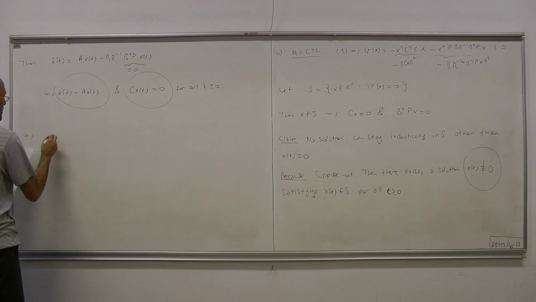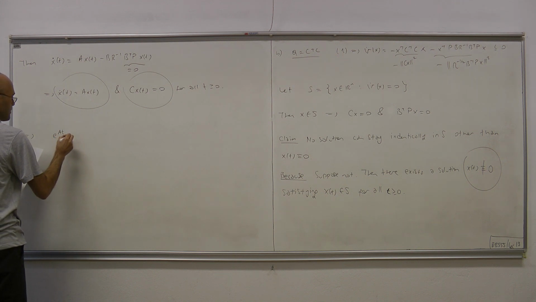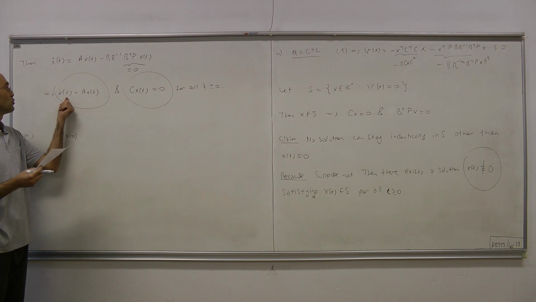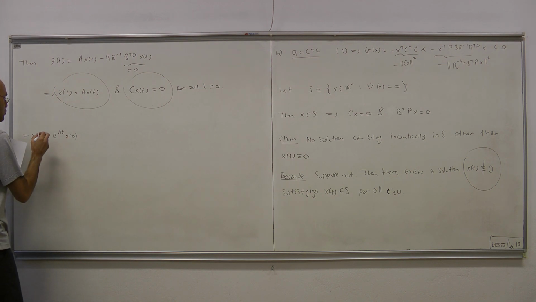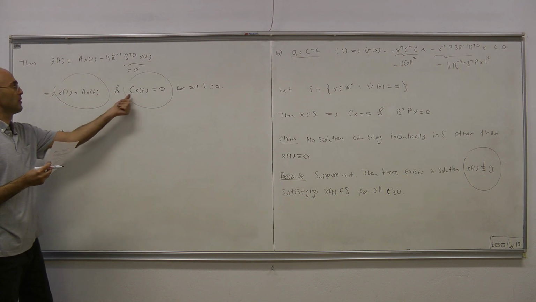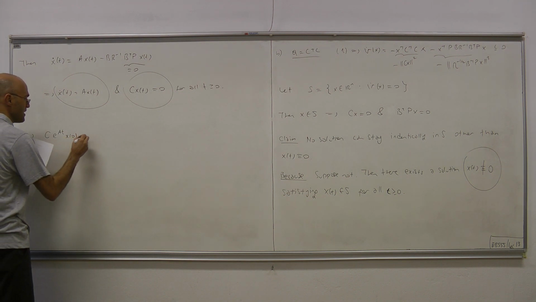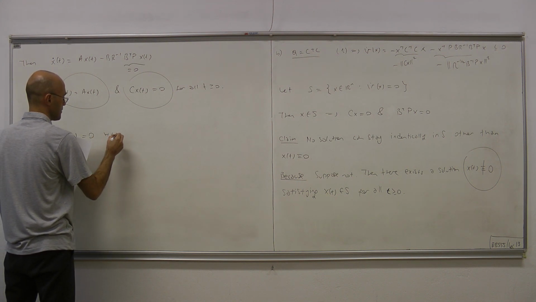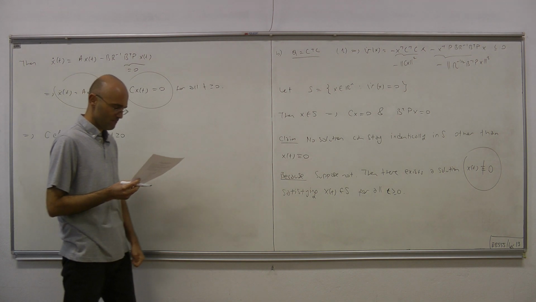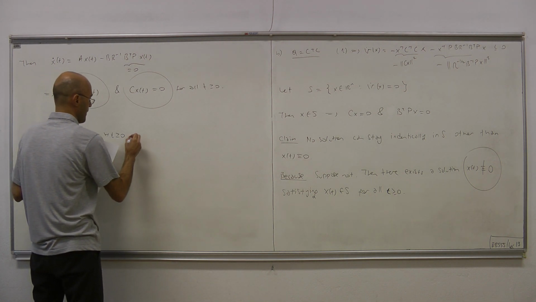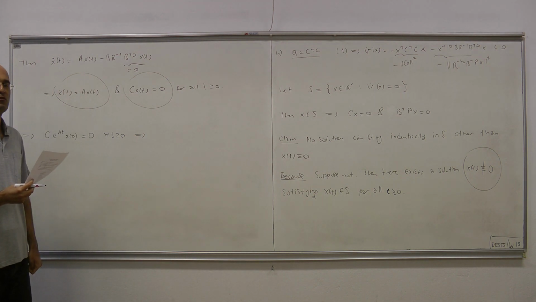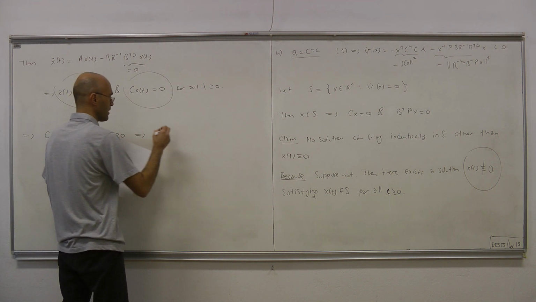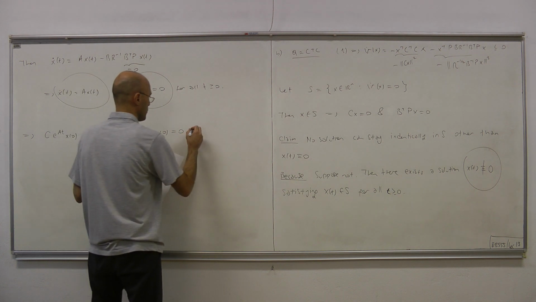So we have e to the At times x0, that's x of t, solution of this differential equation, and then we multiply x of t with C, and this thing is 0 for all times. And this implies from observability arguments that x of 0 equals 0, by observability.